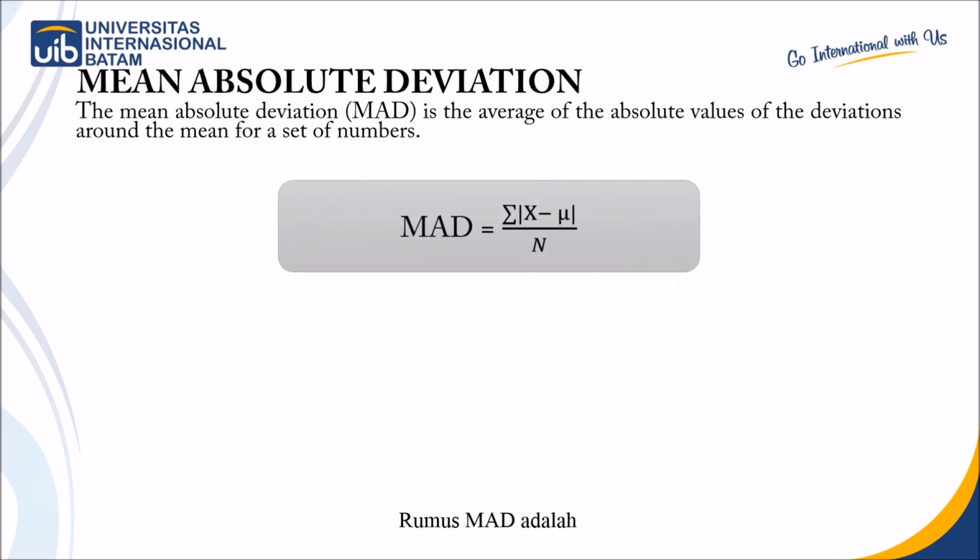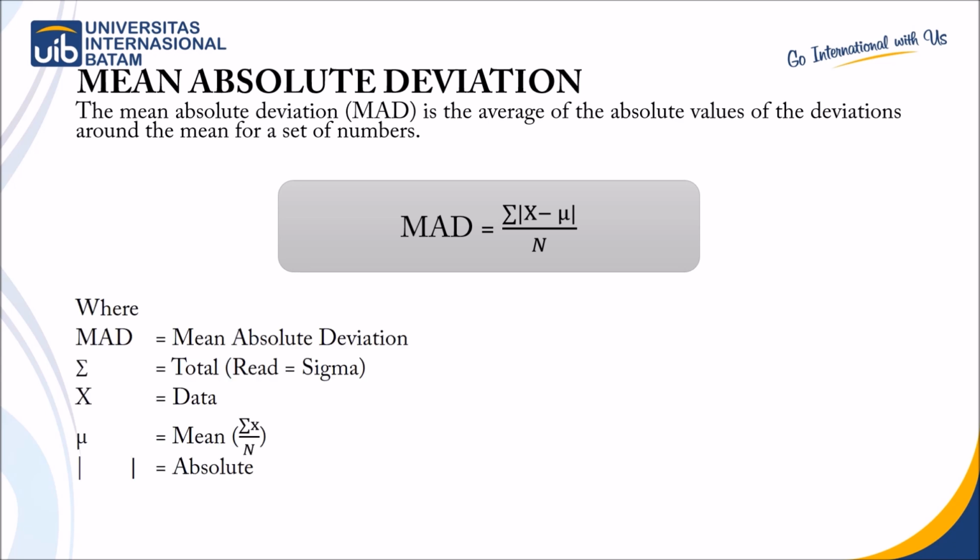The formula of MAD is sigma absolute value of x minus mean, per n, where MAD is mean absolute deviation, sigma is total, x is data, and the bars denote absolute value.